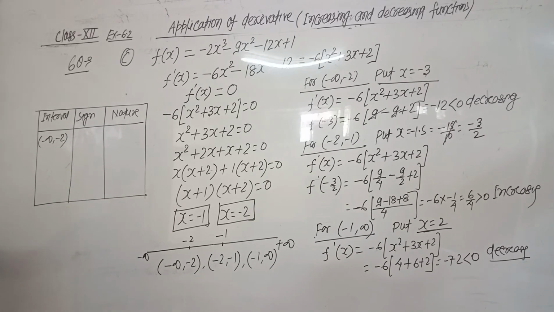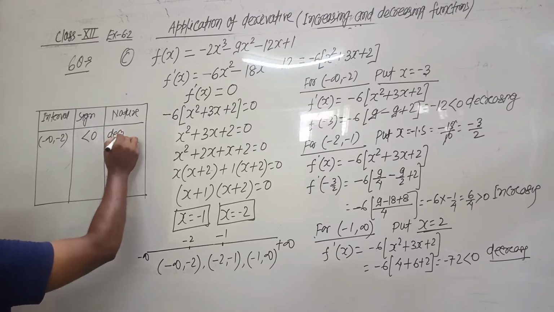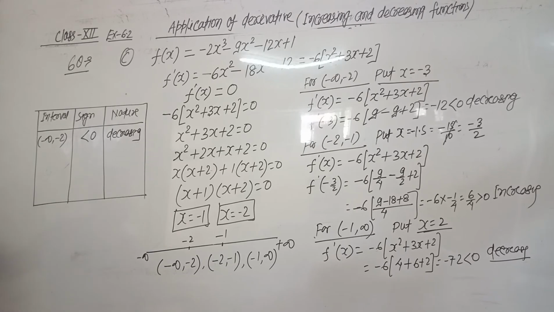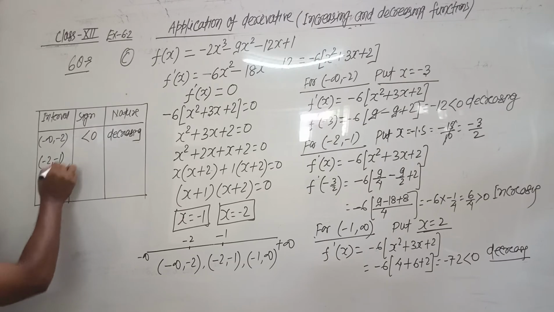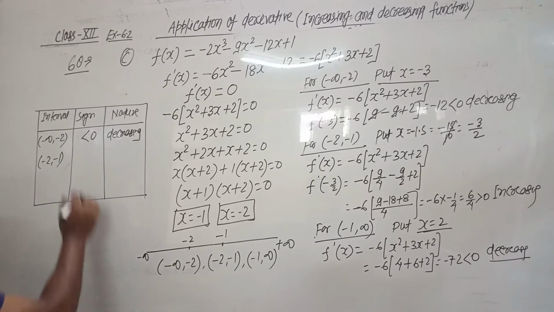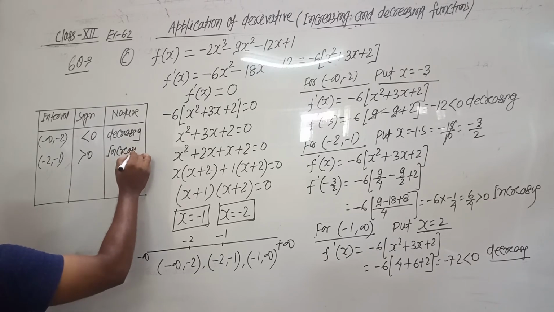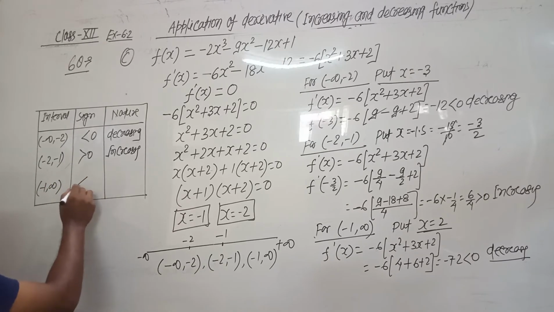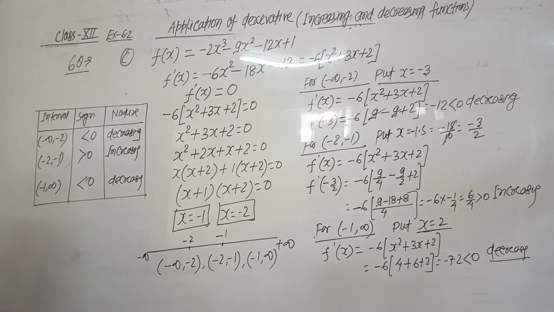Sign is less than 0, and function nature is decreasing. Second interval minus 2 to minus 1, and the sign is greater than 0, and the function is increasing. Third interval minus 1 to infinity, which is less than 0, and the function is decreasing.